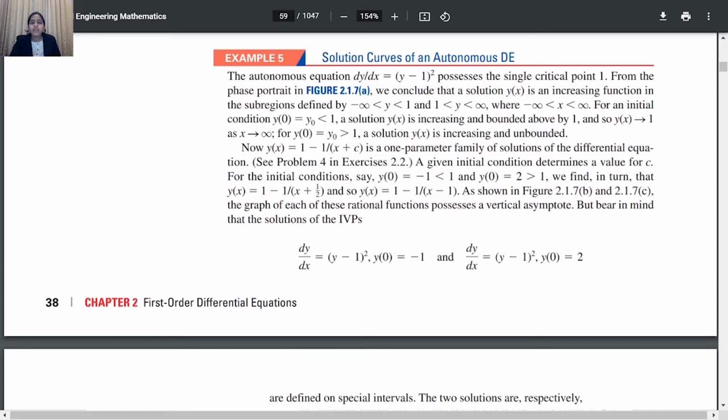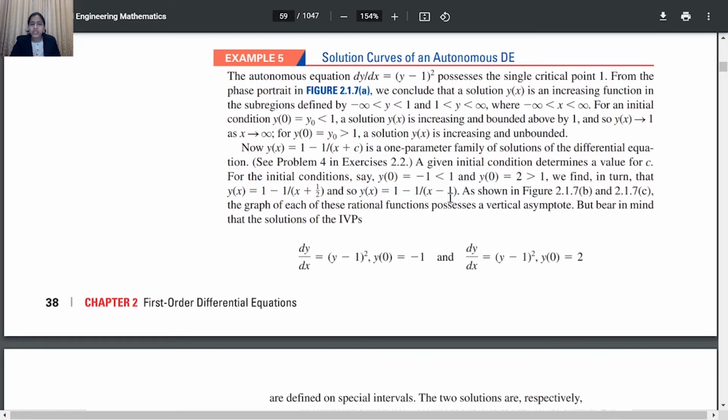Now consider the initial conditions y of 0 is minus 1, which is less than 1, and y of 0 is 2. Then y of x is equal to 1 minus 1 by x plus 1 by 2, and y of x is equal to 1 minus 1 by x minus 1.